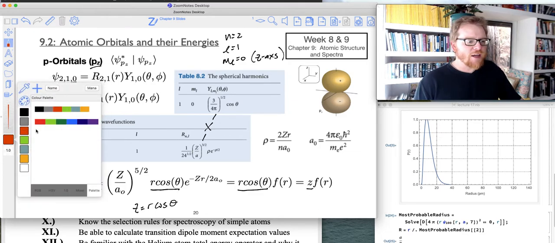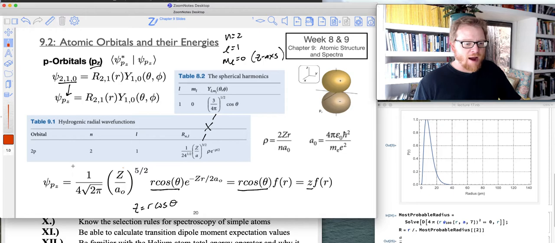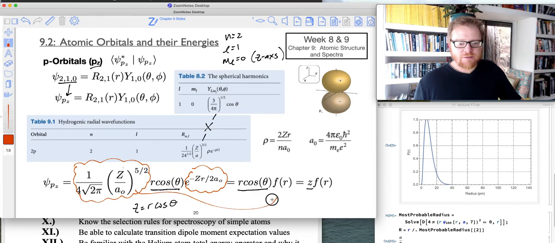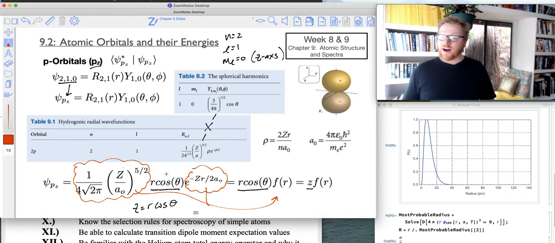And then all of this other stuff that I'll box off in red, or here I'll bubble it off. So this term right here, and then this term right here, those get combined into some new function, f of r. Because if you notice now, these red things that I've bubbled off, they only are a function of r, okay?